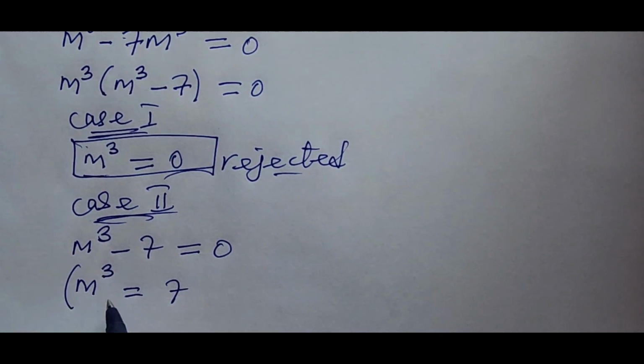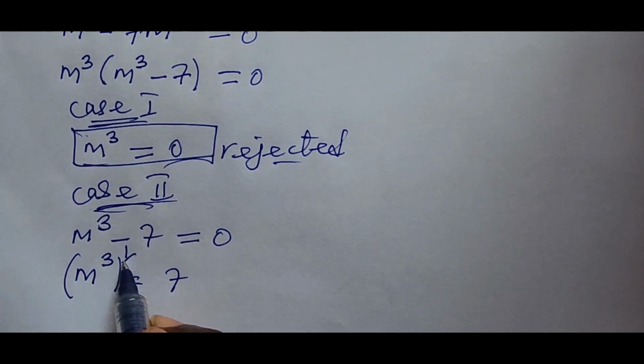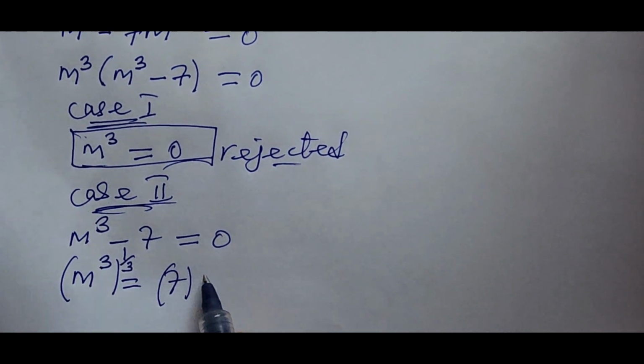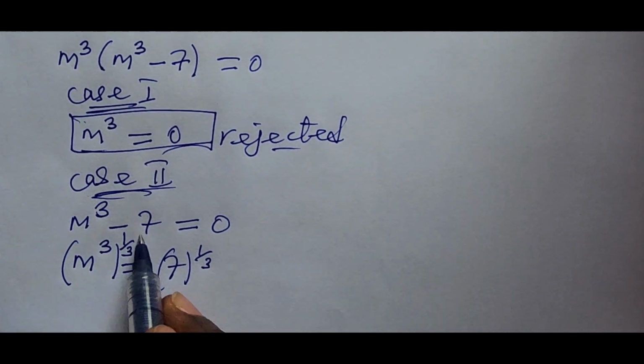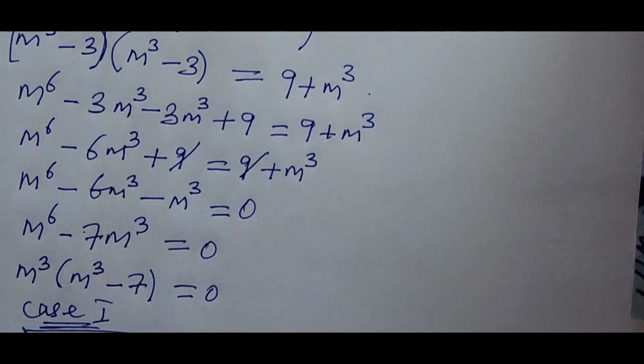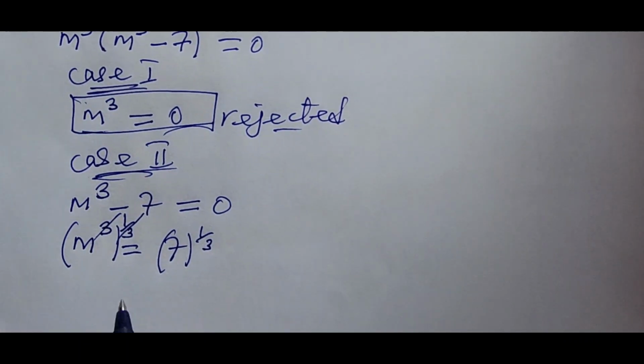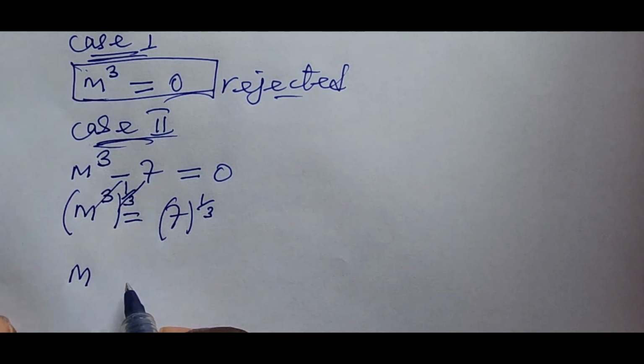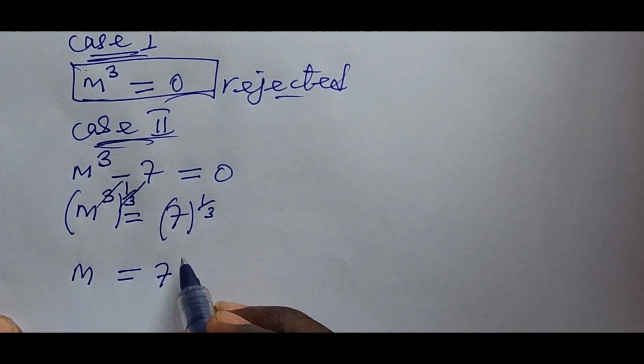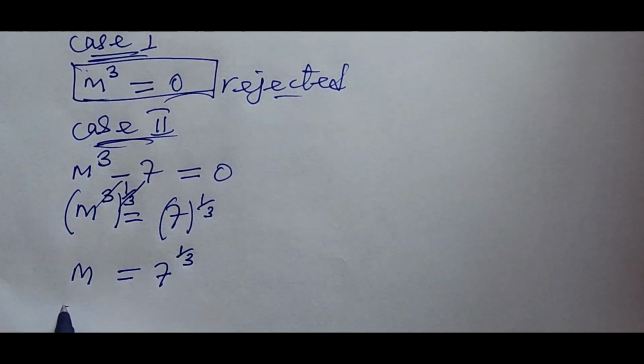In other words, let's raise this to the power of 1 all over 3. We equally raise this to the power of 1 all over 3. So we will consider this law here. Then from here, we are now left with m. Therefore, m is equal to 7 to the power of 1 all over 3.